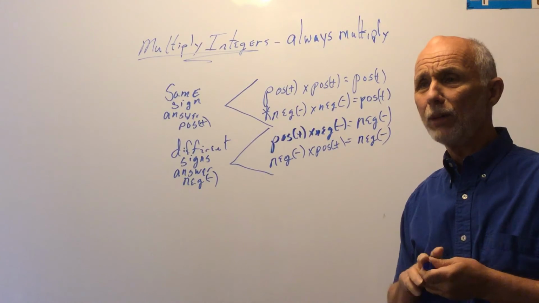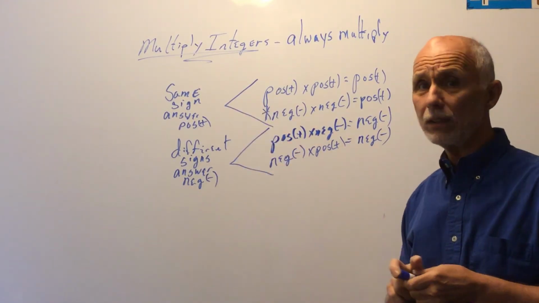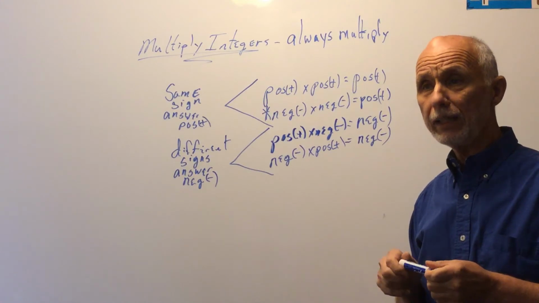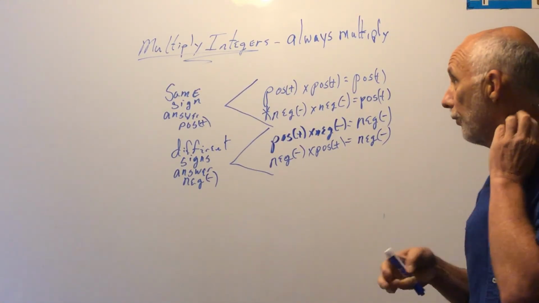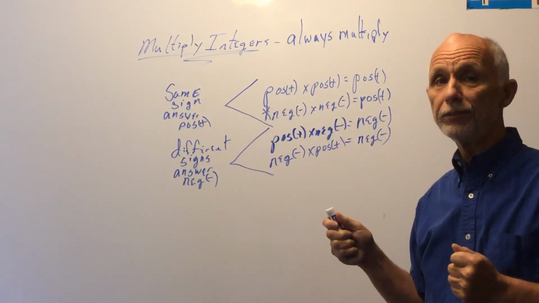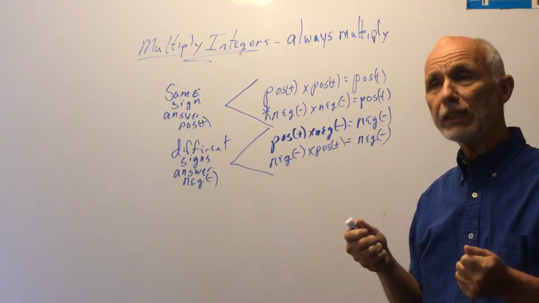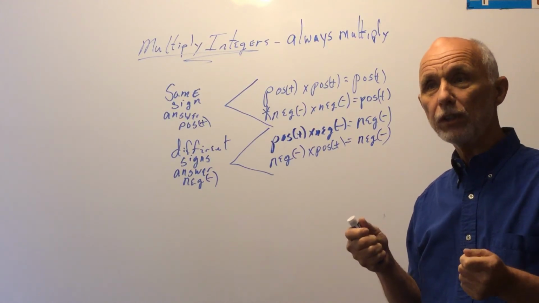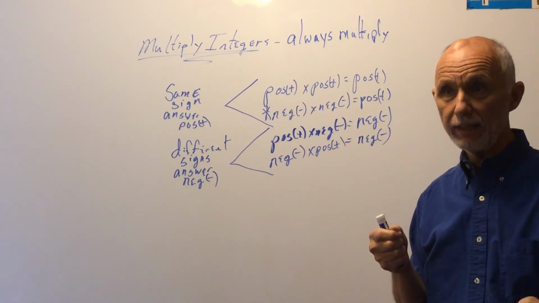And I said, well, maybe she came up with another way, but I don't think it could be any easier than this. And she goes, no, it really is. So I said, okay, what is it? And she said, well, think of positive as love and negative as hate. And that was easy to remember because love is a good thing, it's positive. And hate is a bad thing, it's negative.